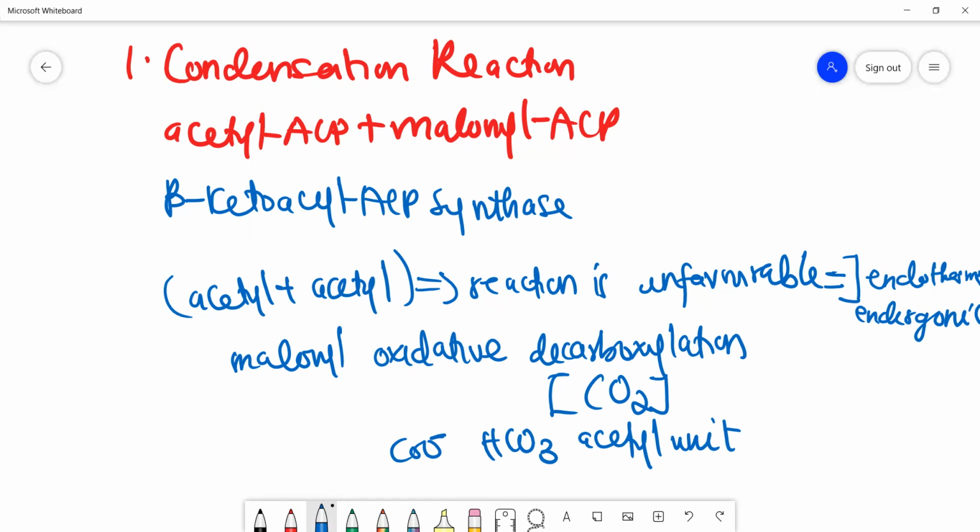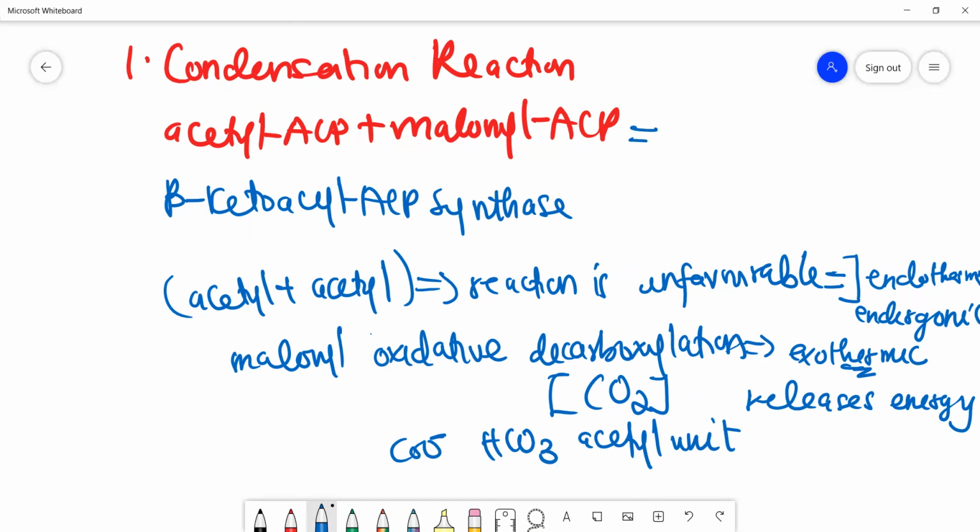So the body goes through the formation of malonyl, and then when it comes here, it undergoes the oxidative decarboxylation and releases energy. So that means the oxidative decarboxylation is an exothermic process. It's going to release energy, and that energy is used to drive the condensation of these two acetyl units.